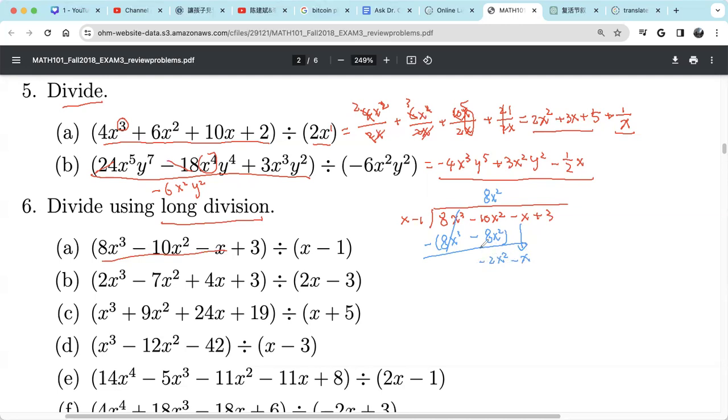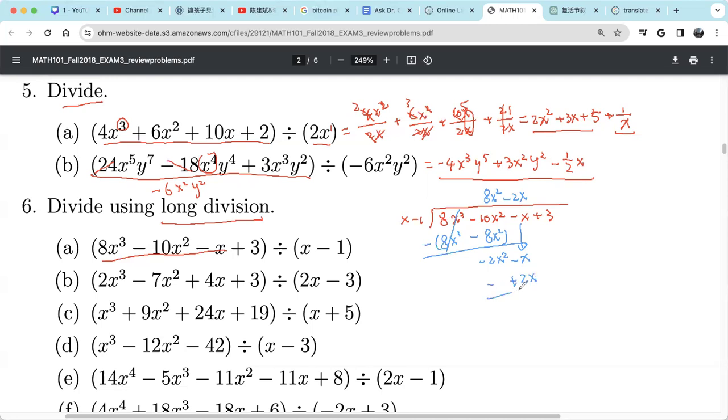Then we think, what's negative 2x squared divided by x? Well, that's negative 2x, because every step we're matching up. So this quotient depends on this leading term and this x. We don't really have to write the negative 2x squared underneath. We just do -1 times negative 2x, we get a positive 2x.